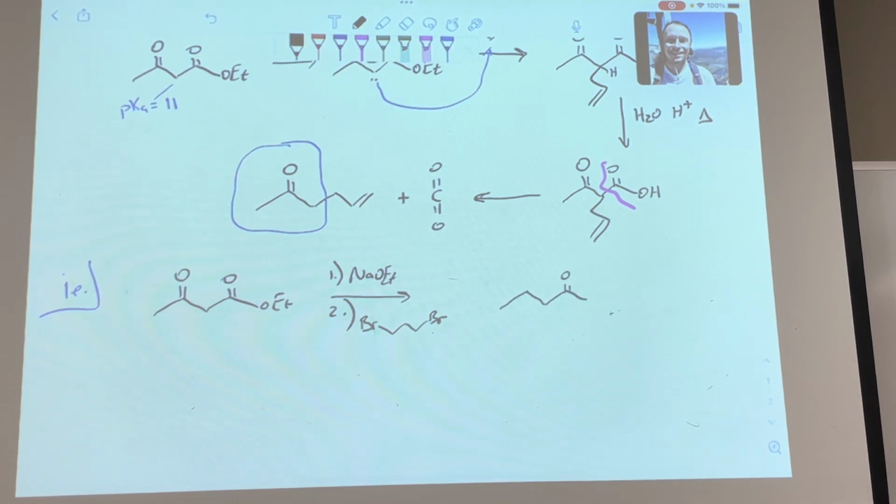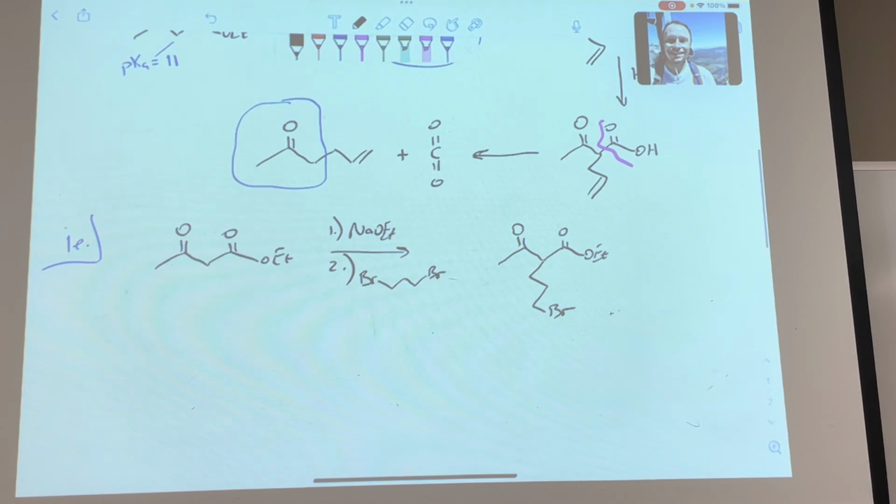Follow the same mechanism, same steps that we did previously. See where we're going here? We still have an acidic alpha proton. You have a good leaving group, primary alkyl halide.